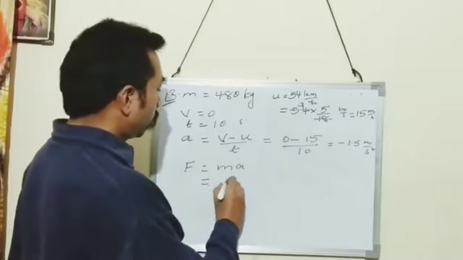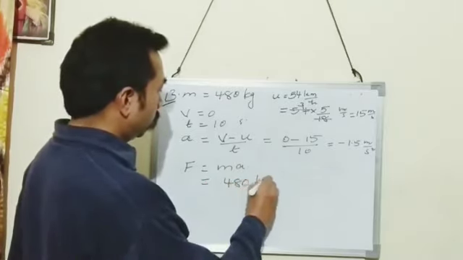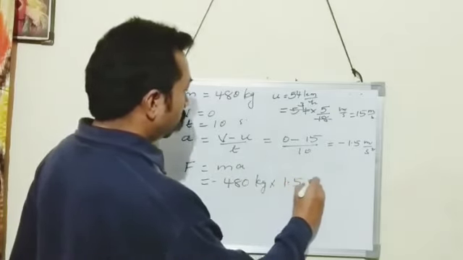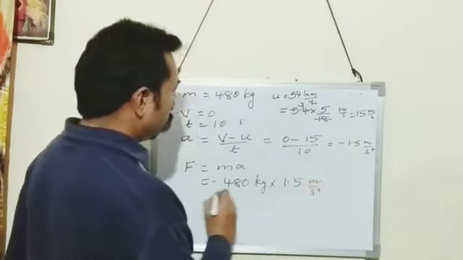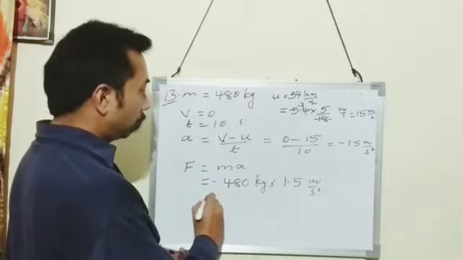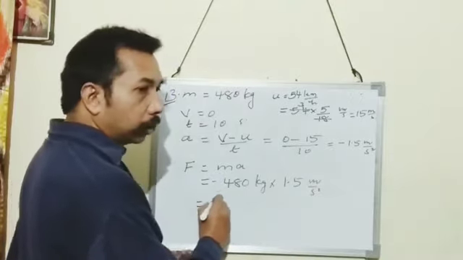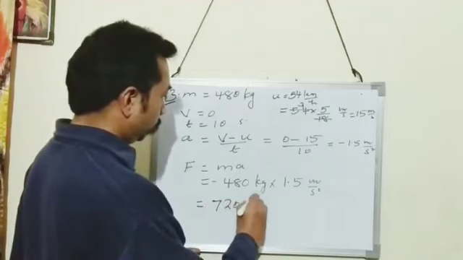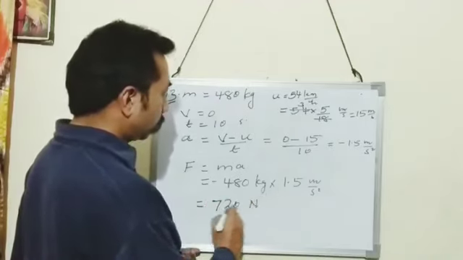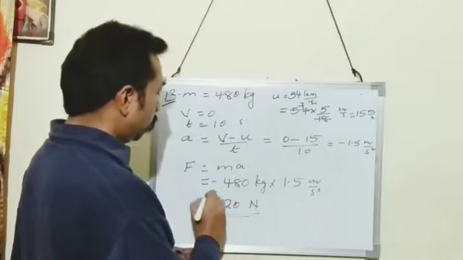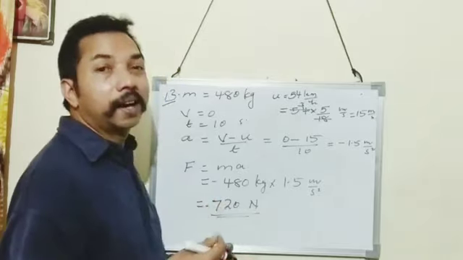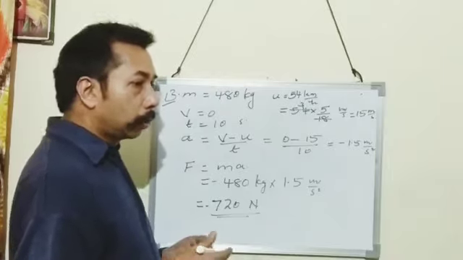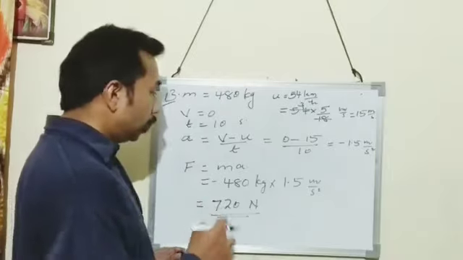Mass is 480 and acceleration 1.5 meter per second square. 480 into 1.5, 720. Kilogram meter per second squared is Newton. So the negative sign shows that it is a retardative force. So the magnitude of the force applied by the brake is 720 Newton.